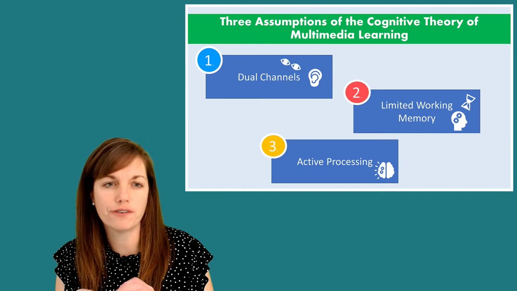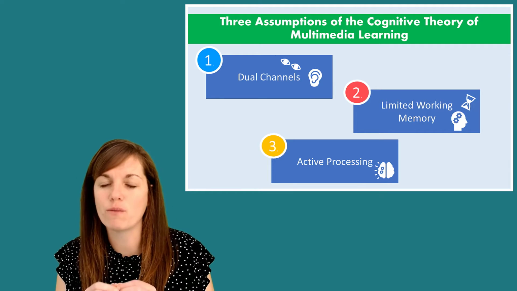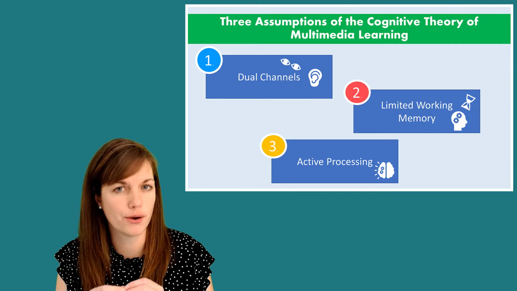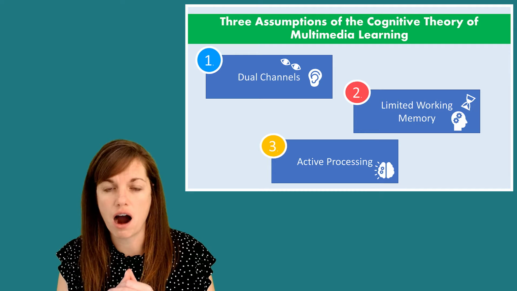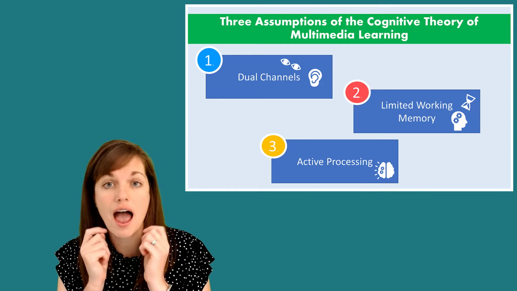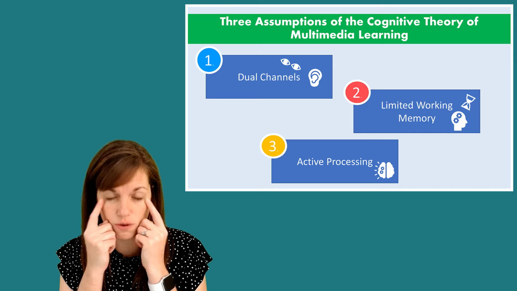Now let's look at the cognitive theory of multimedia learning. In the cognitive theory of multimedia learning, there are 3 assumptions. The first assumption is that we process information through 2 channels, our auditory channel as well as our visual channel.